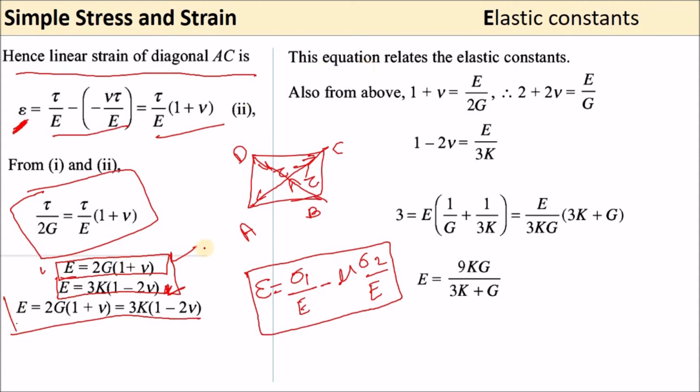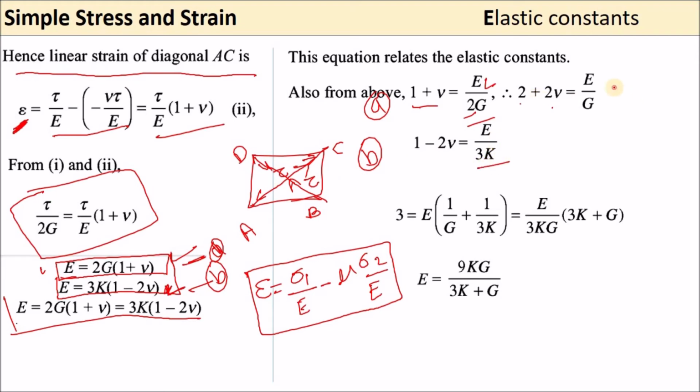Now from equation A and equation B, better we write it this way. From equation A, 1 plus mu equal to E by 2G, and if you multiply, this 2 will come this side, so 2 plus 2 mu equal to E by G. From equation B, 1 minus 2 mu equal to E by 3K.